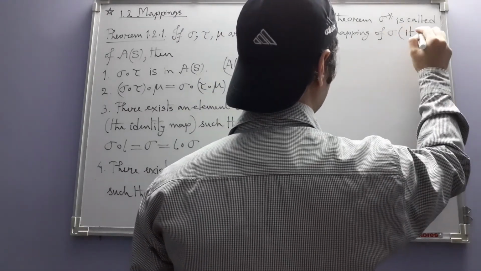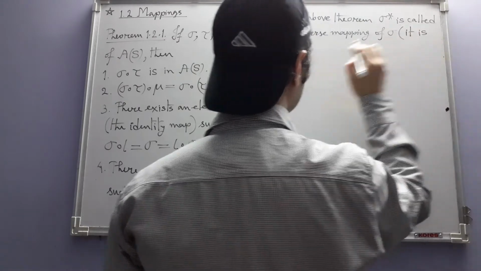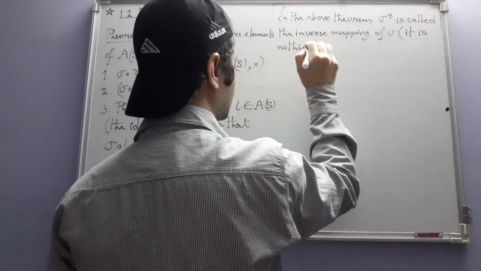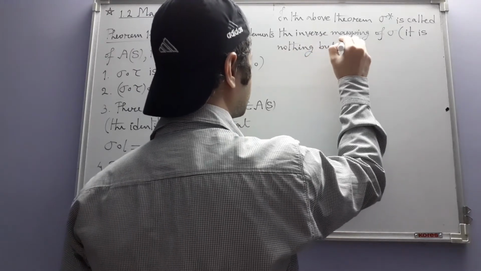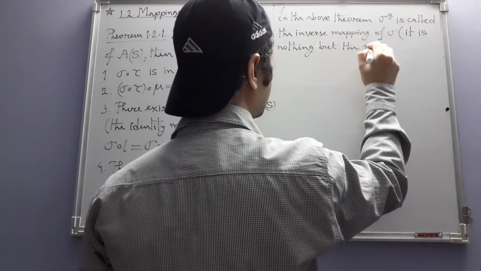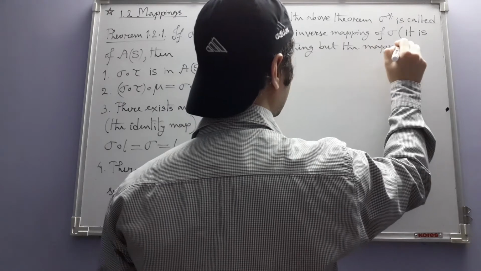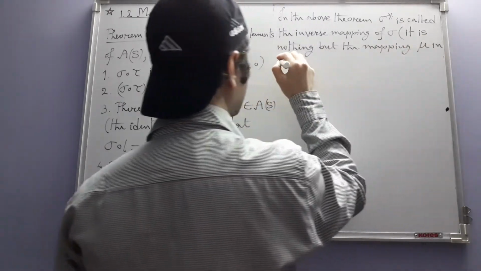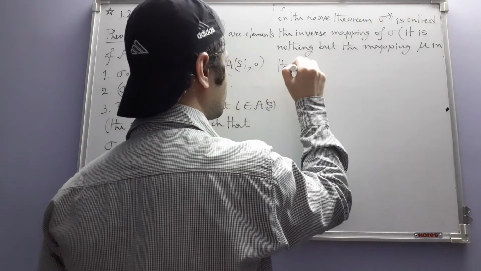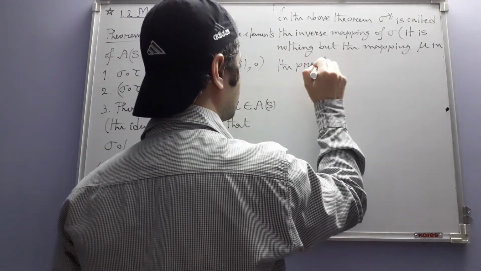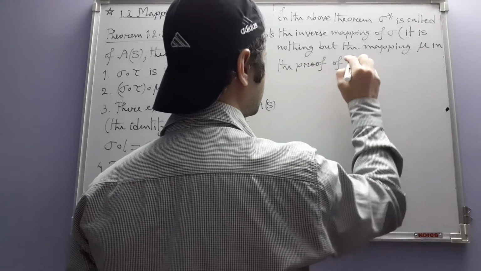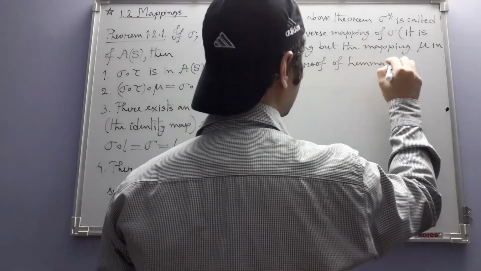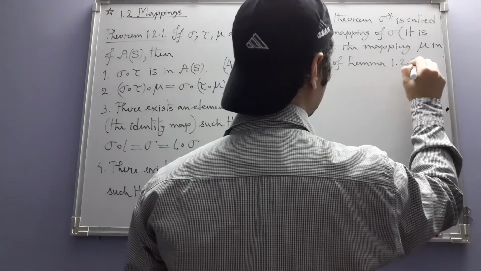In brackets we write it is nothing but the mapping mu in the proof of lemma 3.